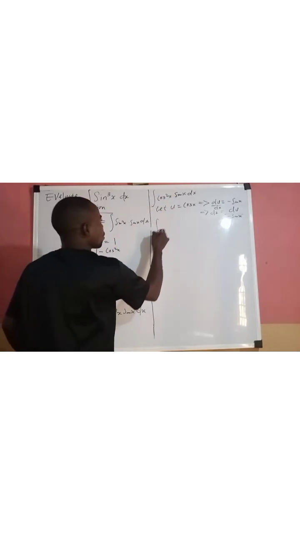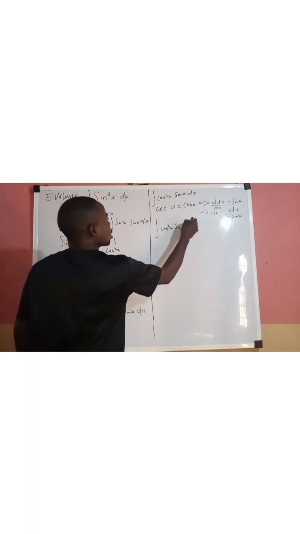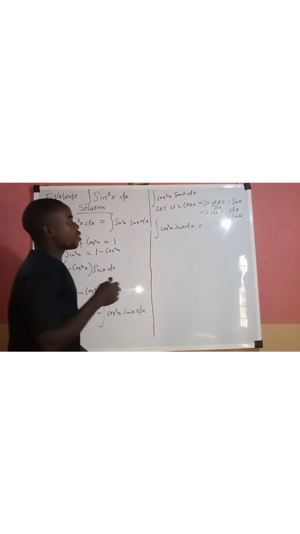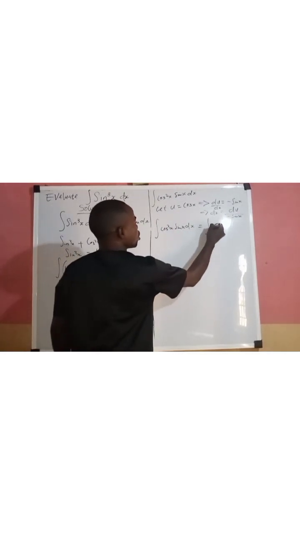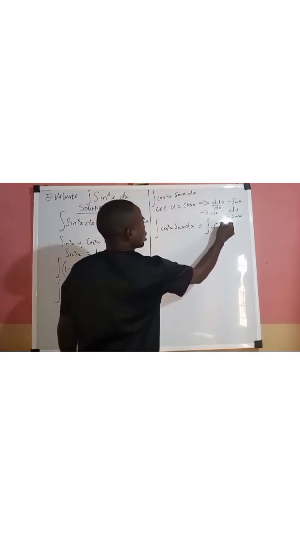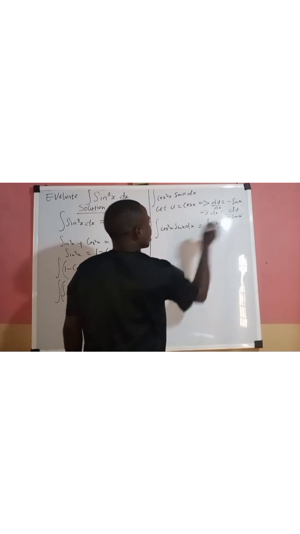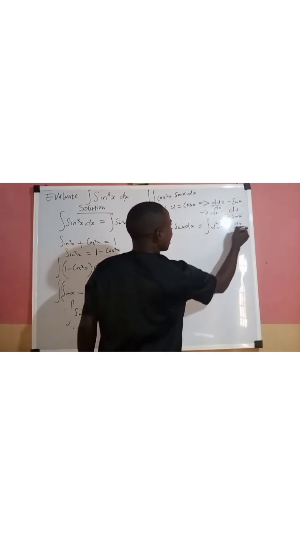We now have that our integral of cos squared x sine x dx is going to give us the integral of, since cos x is u, u squared, and then sine x times our dx is du divided by minus sine x.